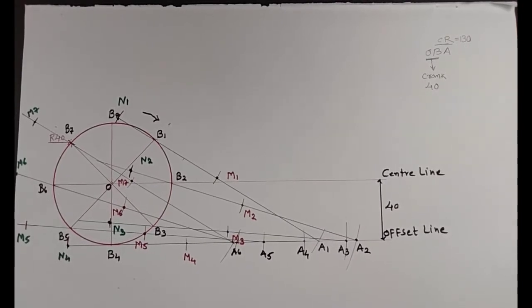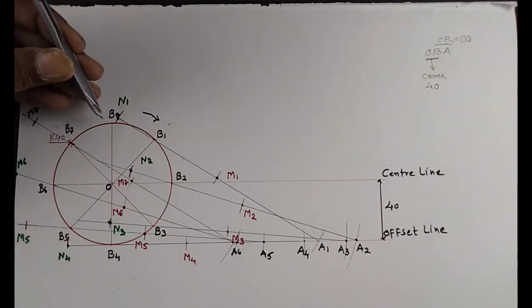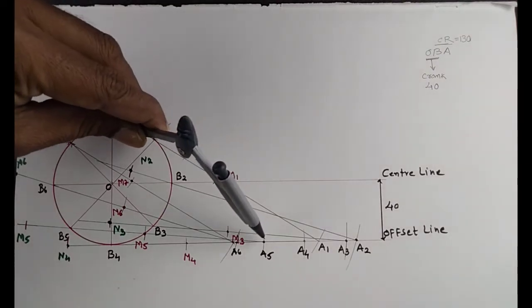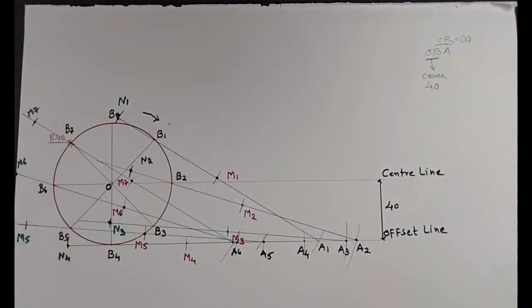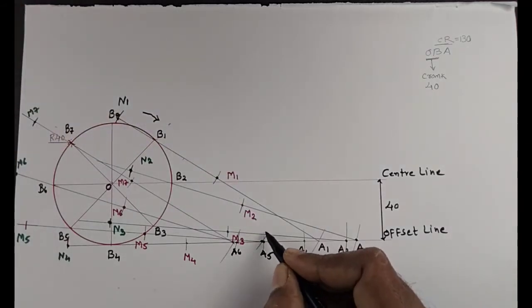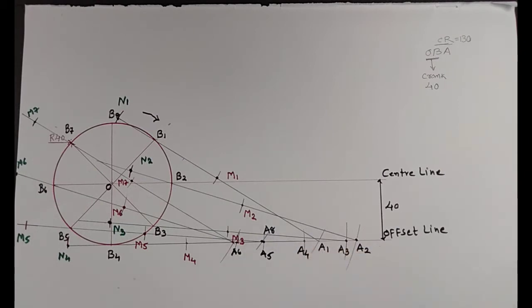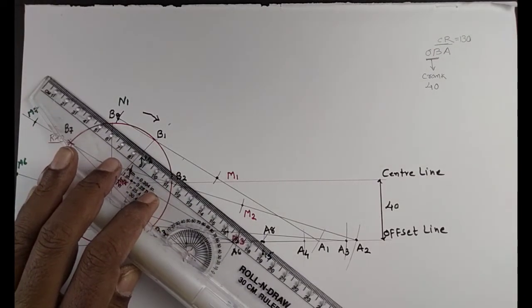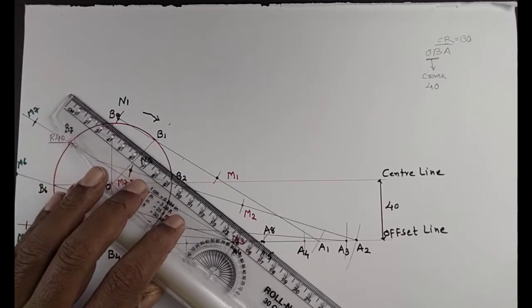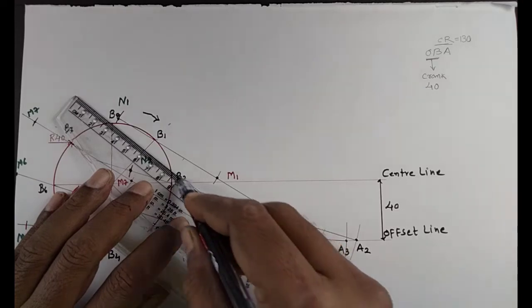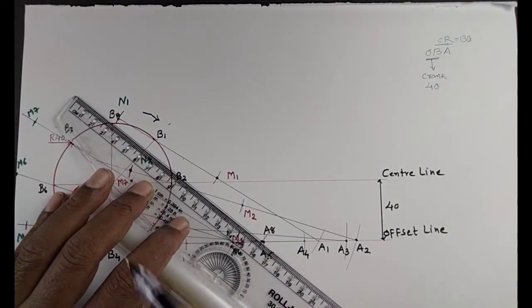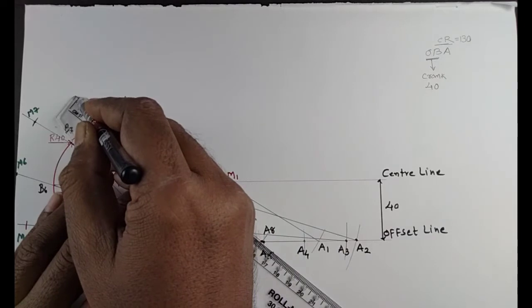Now you can go for B8 as a center. Draw the arc on the offset line. So you have A8. Join B8 A8 with a straight line. And there is an alternate method. You can extend 30 mm, so I extend 30 mm here.